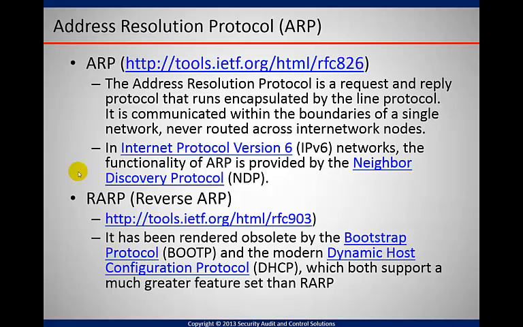In IP version 6 networks, the functionality of ARP is provided by the Neighbor Discovery Protocol, or NDP. Now, Reverse Address Resolution Protocol has been rendered obsolete by the Bootstrap Protocol in the Unix environment, and by the Dynamic Host Configuration Protocol, or DHCP, in modern systems, which both support a much greater feature set than Reverse Address Resolution Protocol.